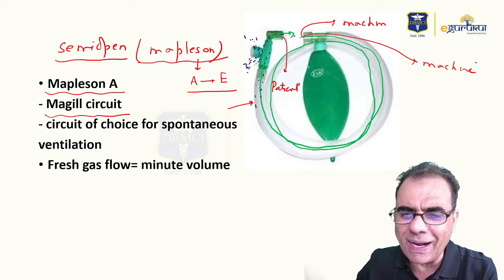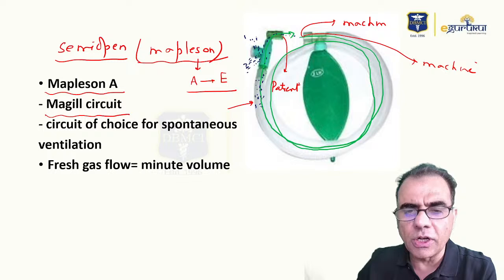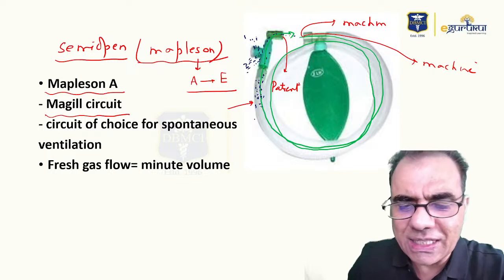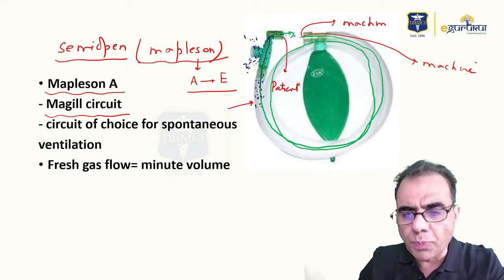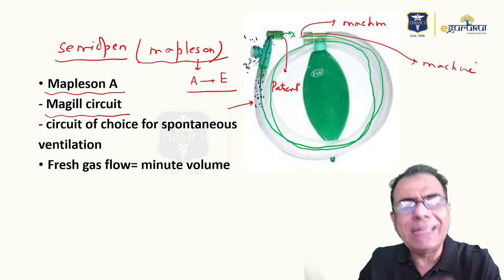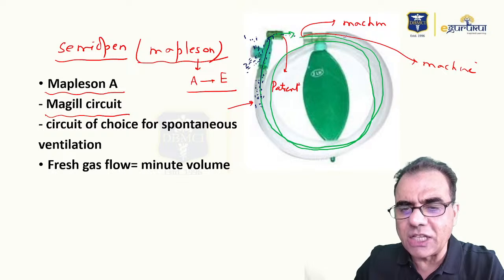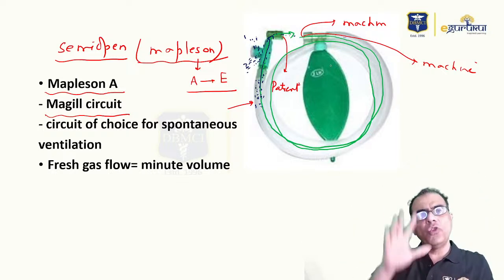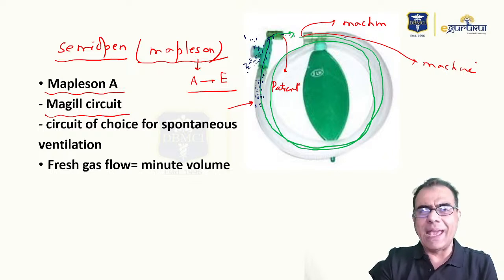The majority will expire out into the atmosphere, but some will go back into the tubing. These gases may be re-inhaled by the patient in the next breath. So to prevent rebreathing, they have set the fresh gas flow. They say that if you keep this much fresh gas flow in this kind of circuit, there will not be any rebreathing.